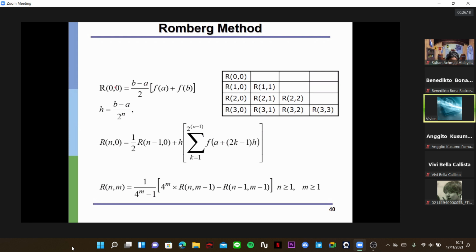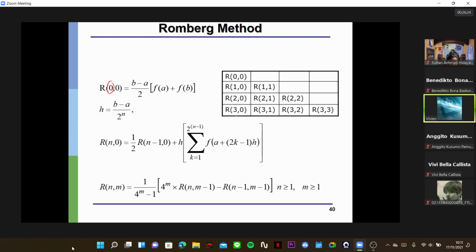The first index denotes the number of segments that is used. So, for example, with R00, it means that n is 0.